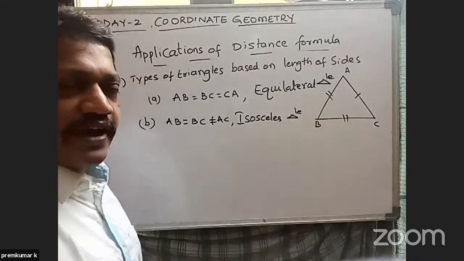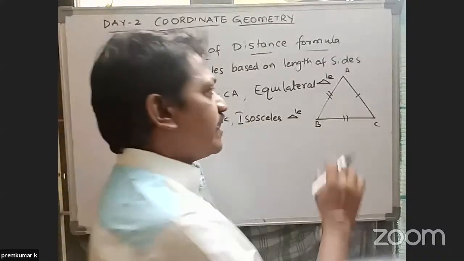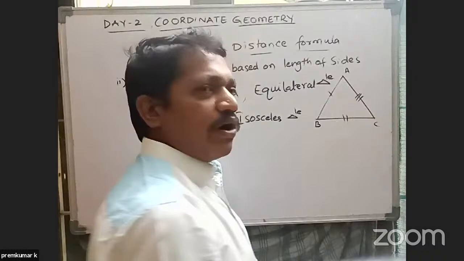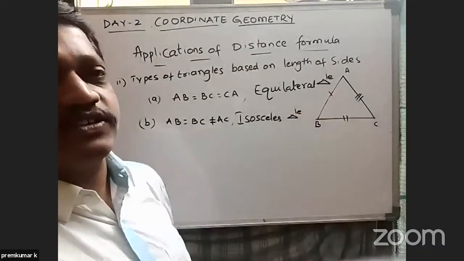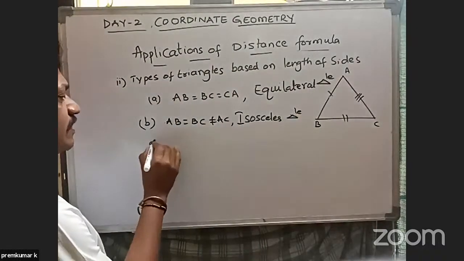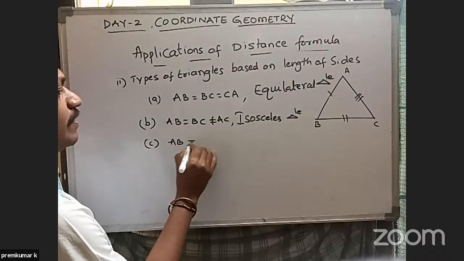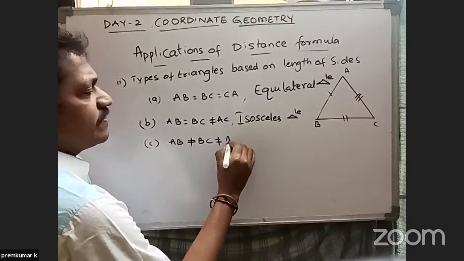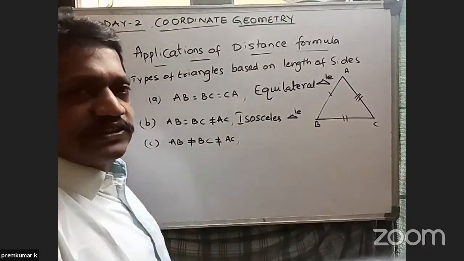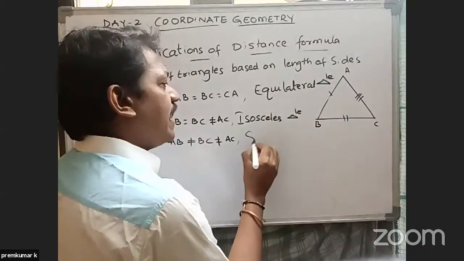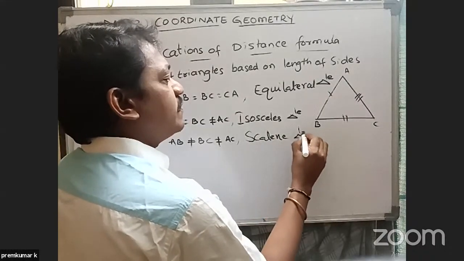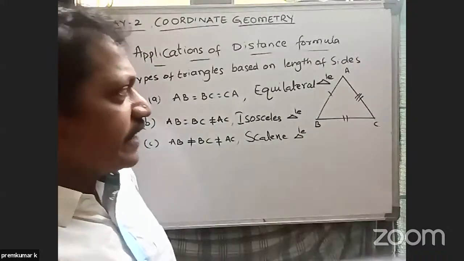The last condition: all these 3 side lengths are different, that is AB not equal to BC, not equal to CA or AC, whatever it may be. This is called a scalene triangle.